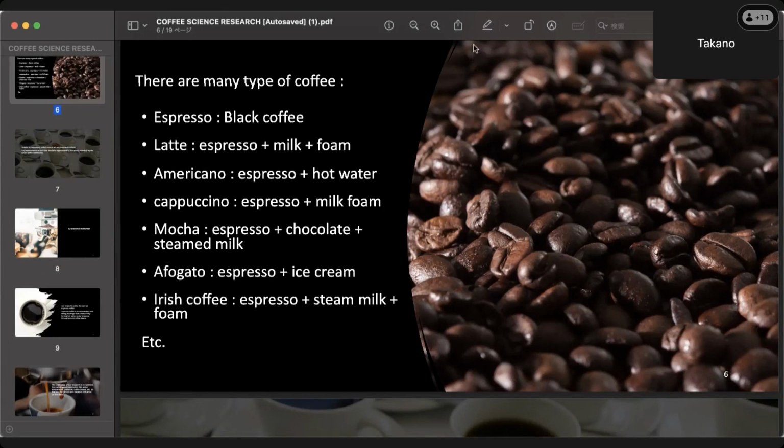Maybe I can just read it. Okay, here we are. Sorry, we cannot display the screen there.